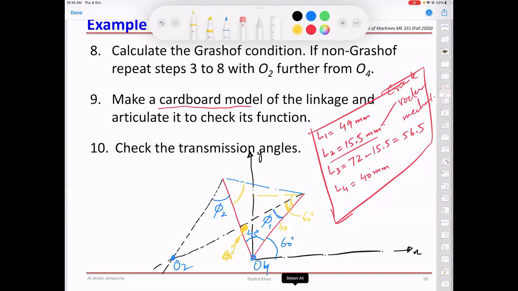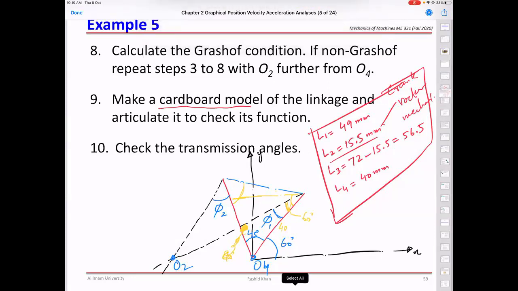So we need this angle here, either this angle or this angle. I mean, we need at least one or two more parameters to calculate this transmission angle. We have this length, right? This length is known. Or if we know this length, we can find out this angle.